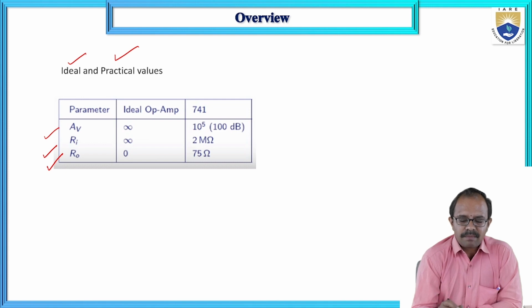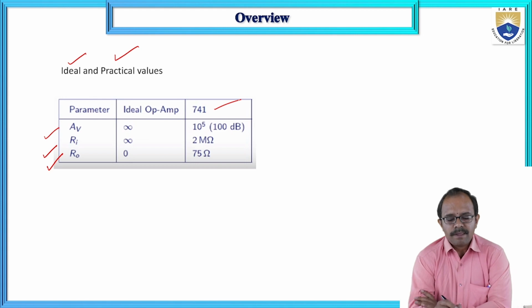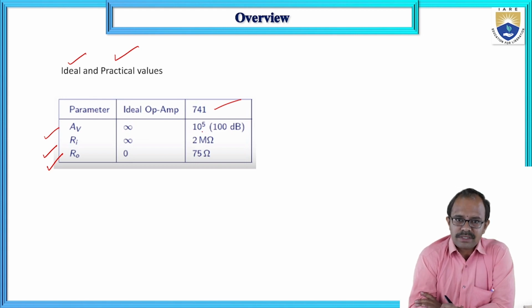Especially for IC741, its actual value is 10 power 5, and in terms of decibels it will be 100 dB approximately.